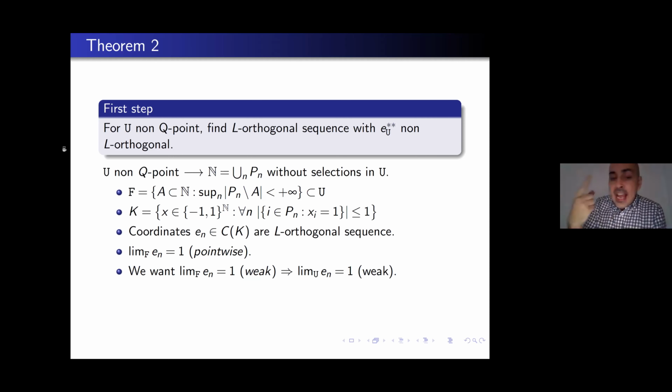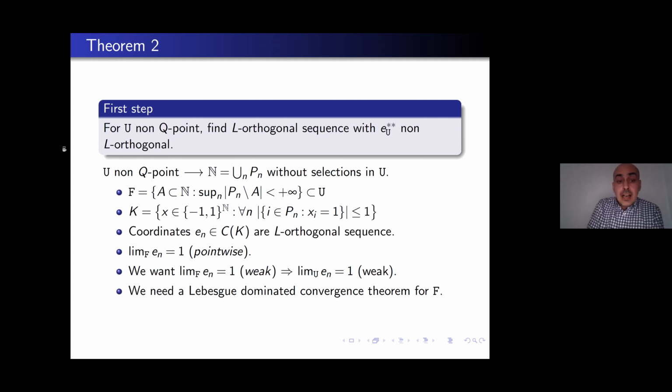The problem here is that I need to go from pointwise convergence in the C(K) space to weak convergence. And to do this, what do you need? You need the Lebesgue dominated convergence theorem, because weak convergence means converging over each element of the dual of C(K).